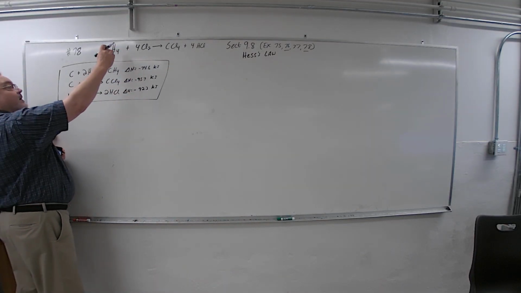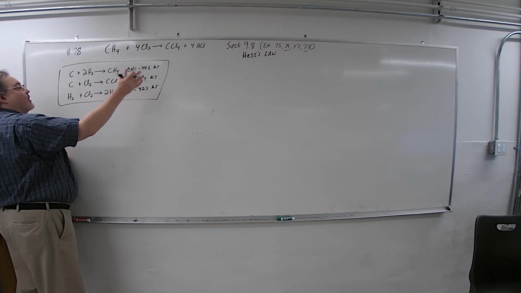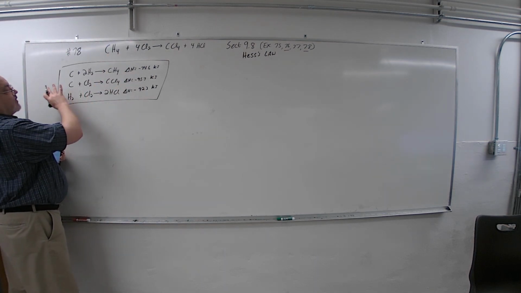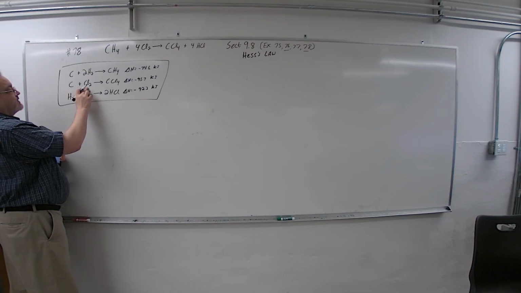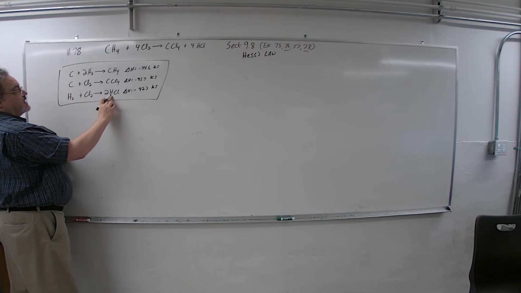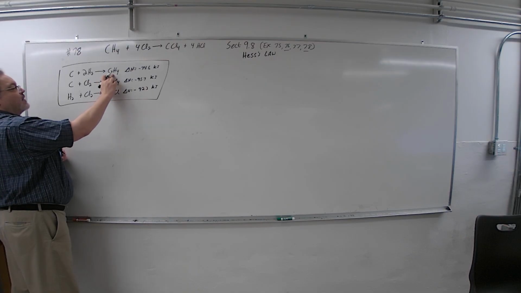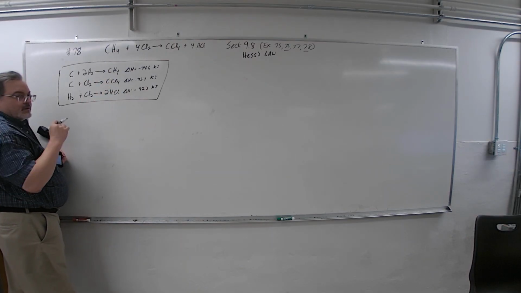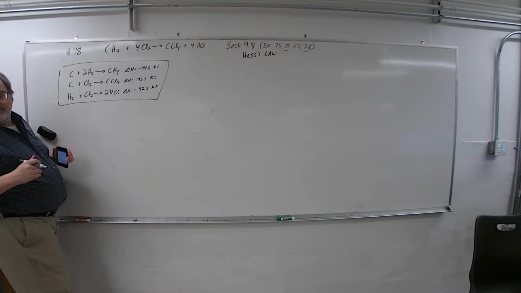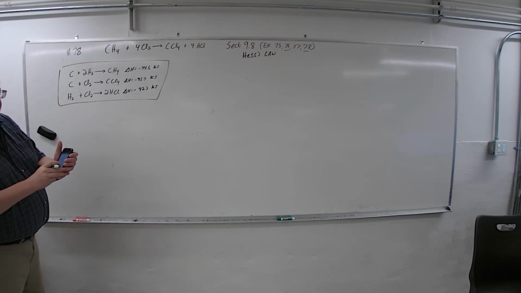Let's see if I can talk through the process without making it seem so messy. So I'm just going to start up here with this. I need CH4 on the left. All my equations here, this does not have CH4 on the left, this does not, this does now. That's not CH4, that's not CH4. Here I have CH4 on the right. So what am I going to do? Flip it.